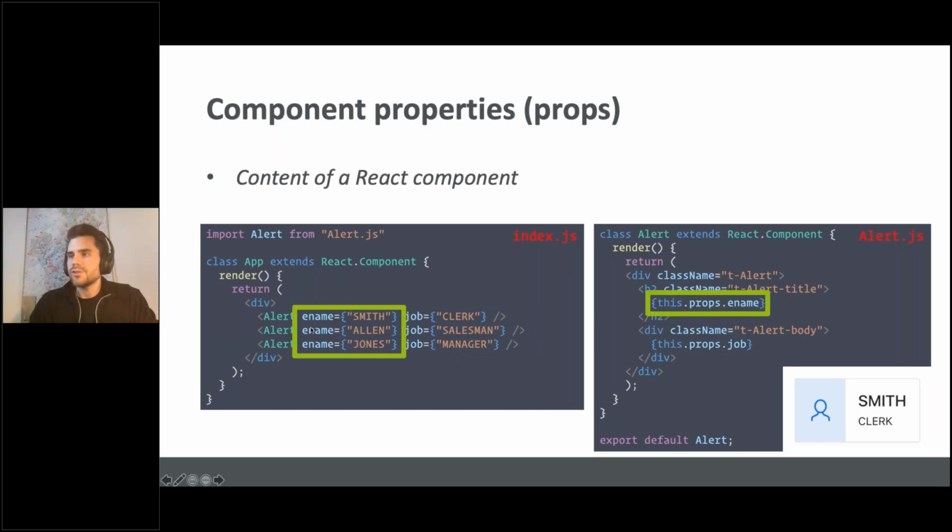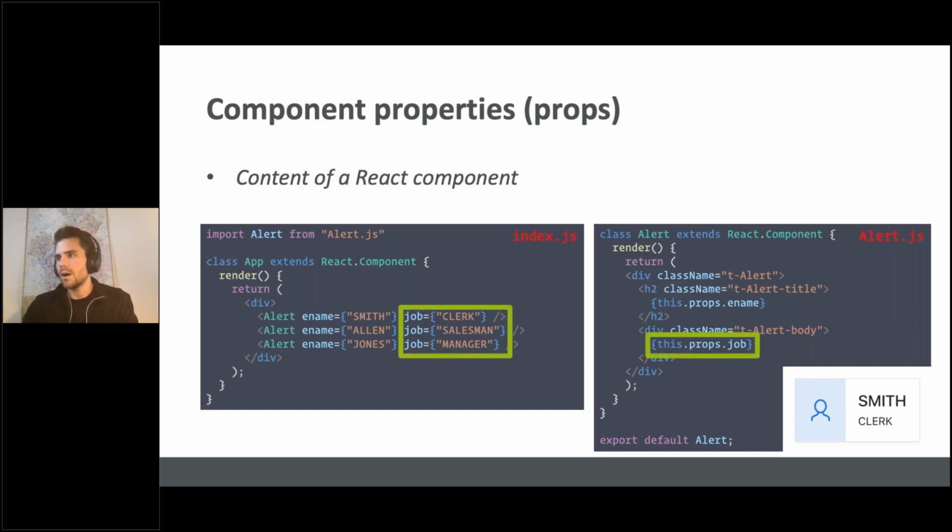As I mentioned, all the properties that we're defining here for ename are going to be substituted on the right for ename by using this.props, which is a functionality of React, and then you can specify which property. So we're taking the ename. And same thing for job right here.